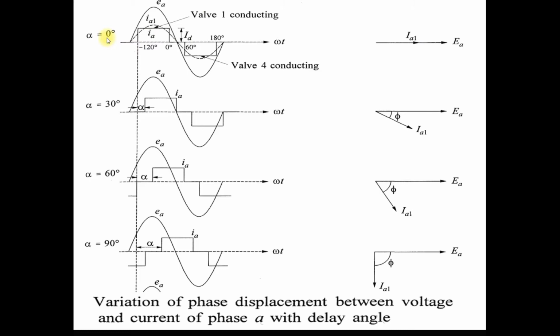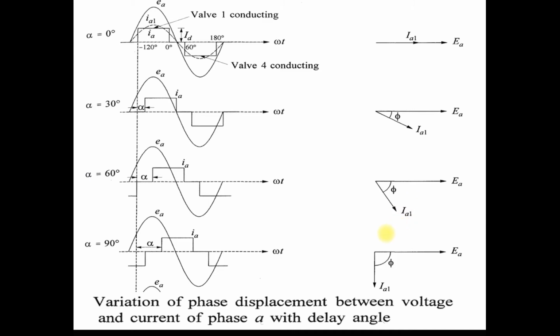So when you increase your alpha, the firing angle delay, what will happen? The phase difference between EA and the fundamental component of phase current increases in the same proportion as alpha. When alpha is 30, the angle difference between IA1 and EA also becomes 30. We will see later on why. So as alpha increases, the phase difference between voltage and current increases.